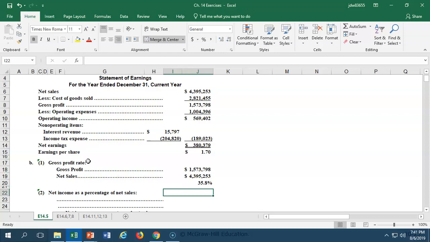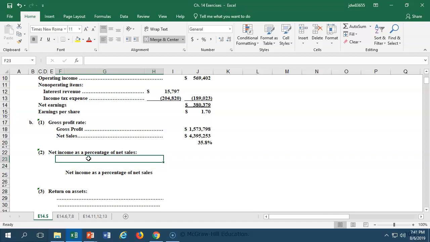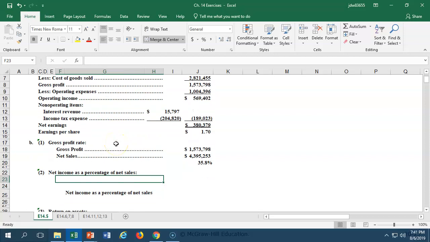Questions? Y'all got it? Net income as a percentage of sales. That is net income divided by net sales.